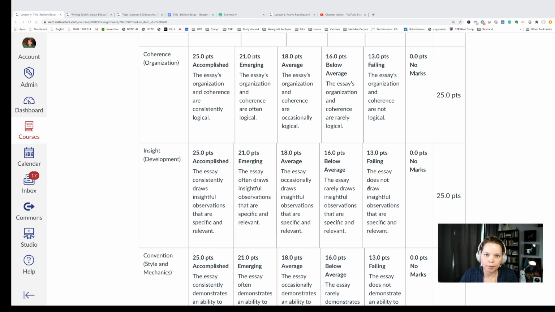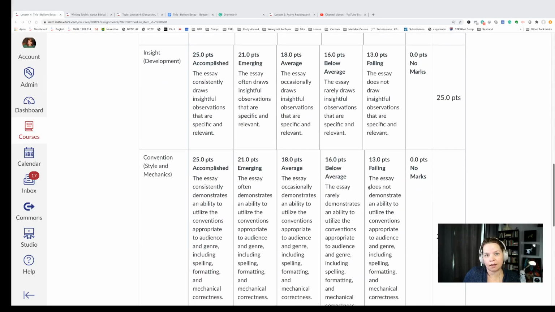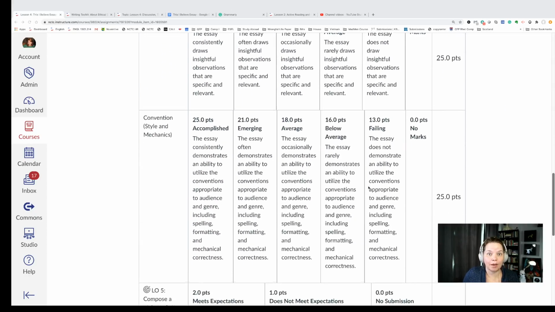That's also an option that you have. But you want to think about the organization, right? You also want to think about the insight. Do you consistently draw on insightful observations that are specific and relevant? Are you making an insightful or interesting argument in your essay?